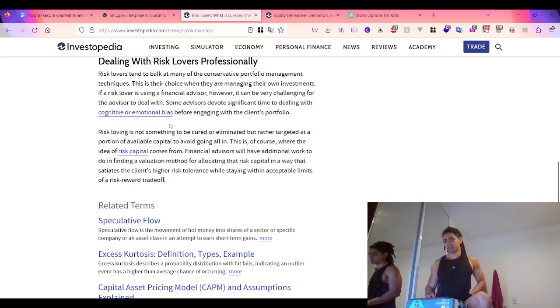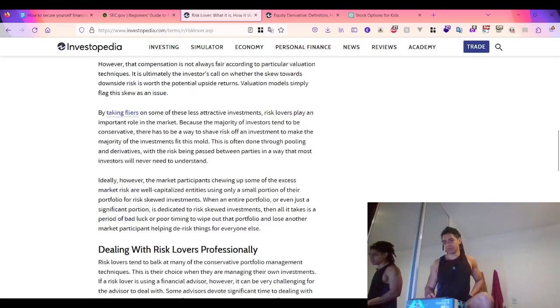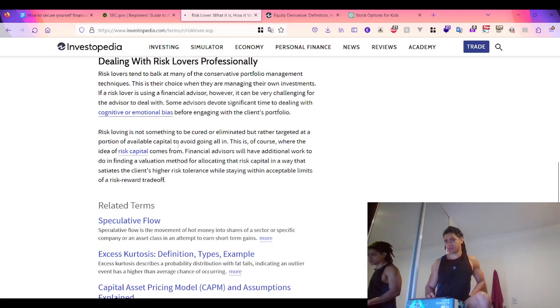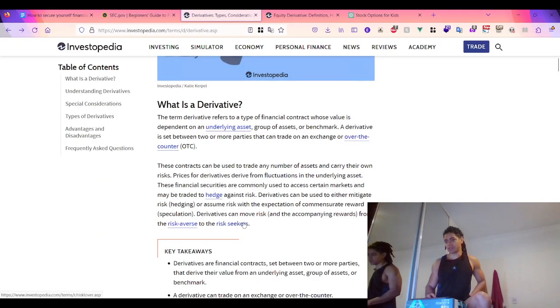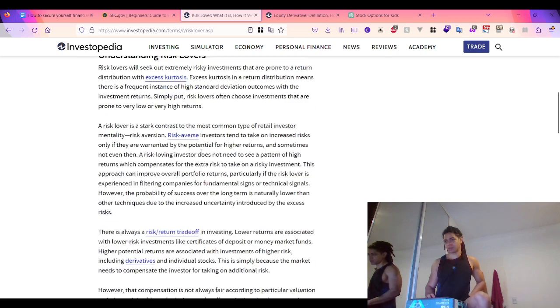Risk loving is not something to be cured or eliminated, but rather targeted at a portion of available capital to avoid going all in. This is, of course, where the idea of risk capital comes from. And so we have risk seekers and risk averse.